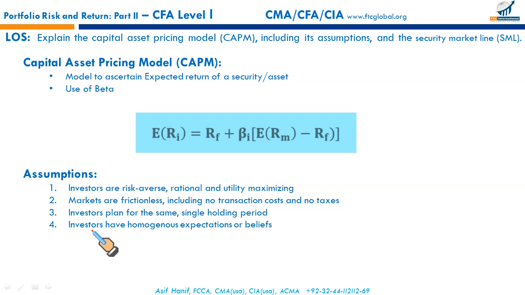So the market portfolios are the same. The next assumption is all investments are infinitely divisible. Investors can hold fractions of assets. And then investors are price takers, meaning not a single investor can influence the prices by their trades.